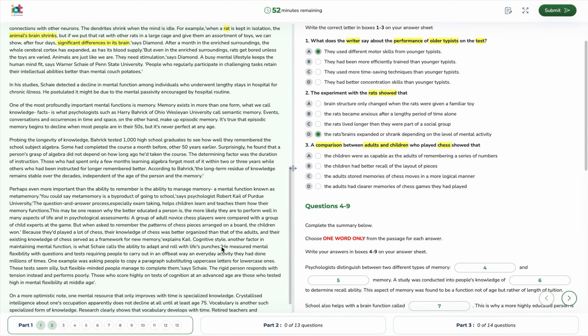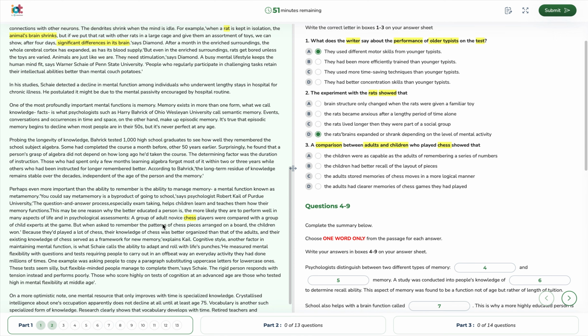Over here, there is nowhere chess is mentioned. But if we go to this paragraph, see, this is written as chess player. So our answer should be somewhere here.